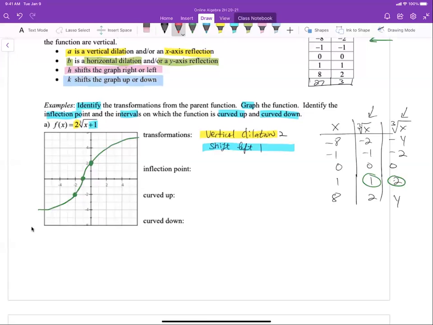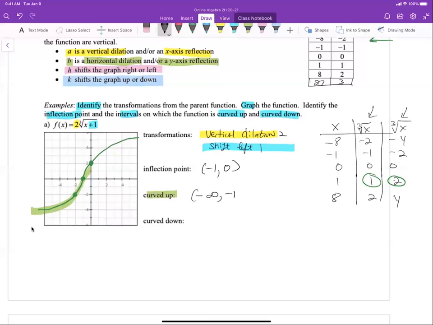So we now have to answer some questions. What is the inflection point? Well, the inflection point is located at -1, 0. Where is it curved up? This is where it's curved up. And so we have to answer that a little bit more specifically than that. That will be from x equals -infinity, does not include, that's why it's a parenthesis, not a bracket, all the way up until the inflection point, which is -1.